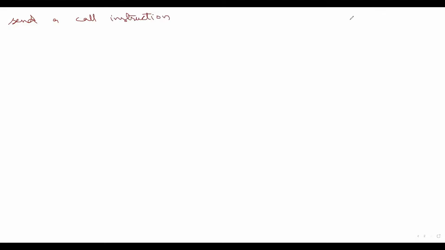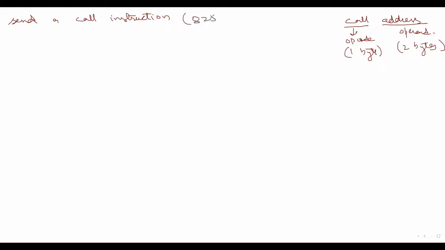We know call instruction is like this: opcode plus operand. Opcode is 1 byte and operand is 2 bytes. So this is the memory address. So it will send a call instruction. Who will send the call instruction? 8259A. Call means only this part, the opcode.